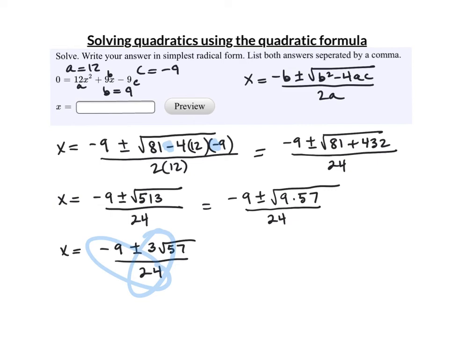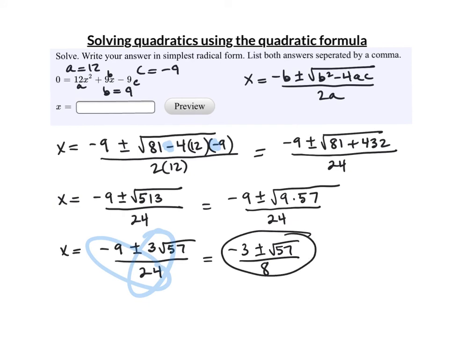They're all divisible by 3. So if we divide them all by 3, negative 9 becomes negative 3. When I divide 3 root 57 by 3, the 3's are gone. It's 1 root 57, or just root 57. 24 divides by 3, and you get 8.